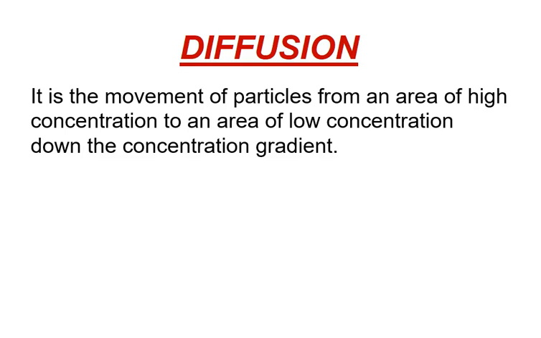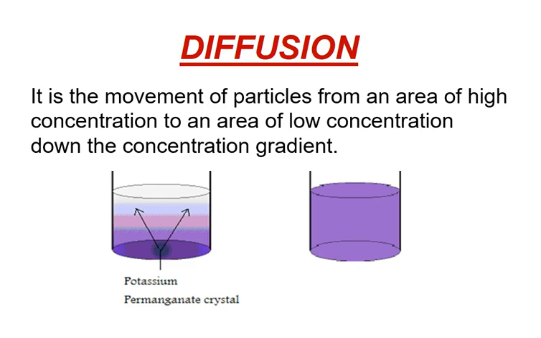Diffusion. What is meant by diffusion? Diffusion is the movement of particles from an area of high concentration to an area of low concentration down the concentration gradient. If I have a crystal of potassium permanganate, which is purple in color, and I put it at the bottom of a beaker of water, then the bottom of the beaker has a lot of potassium permanganate particles, so that is my area of high concentration.